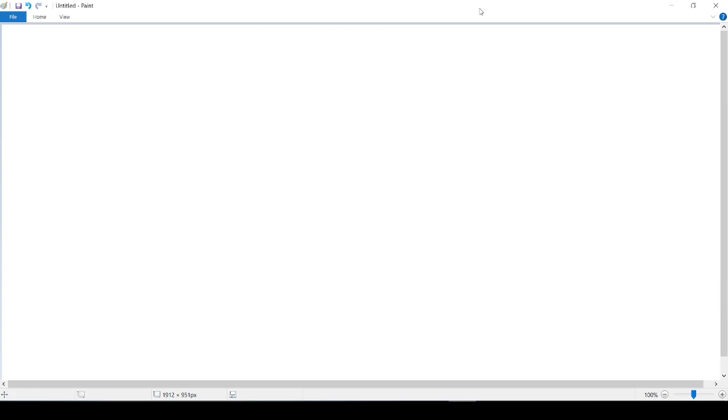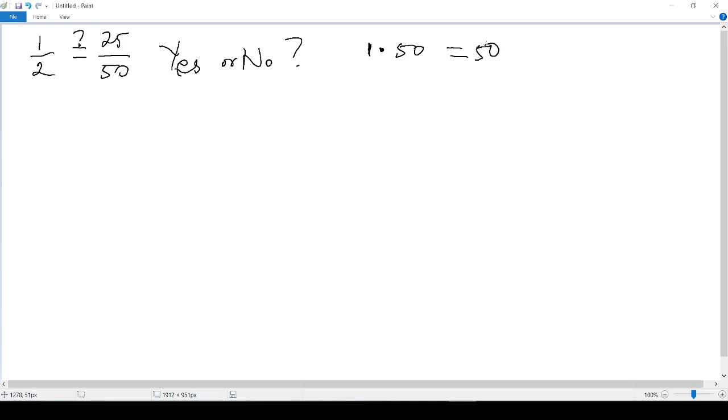So another random example, let's take 1/2. Is this equivalent to, and when I put a question mark, it means I don't know yet, right? To 25 over 50? Yes or no? So to solve, we do cross multiplication. The numerator of the first fraction, which is 1, multiplies the denominator of the second fraction, which is 50, and 1 times 50 is 50.